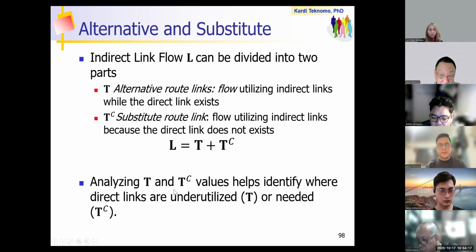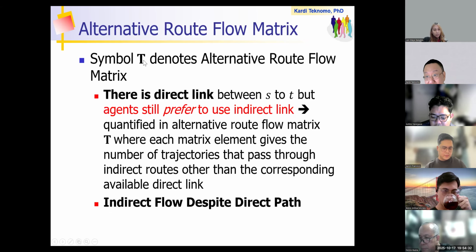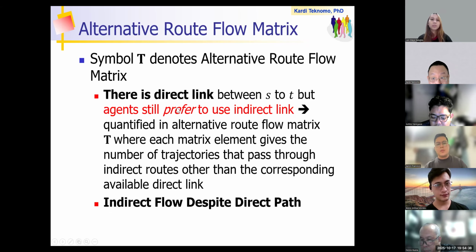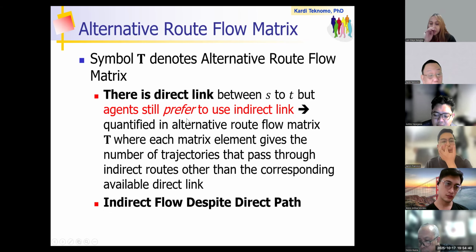If you analyze these two, it will help you analyze whether the direct link itself is underutilized or not. The symbol T represents alternative route. So there are direct links, but agents still prefer to use the indirect link. So, indirect flow despite a direct path.